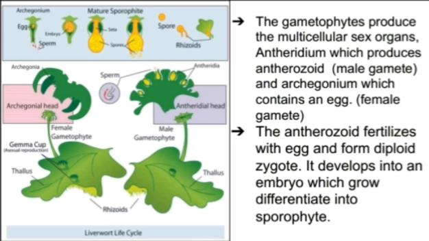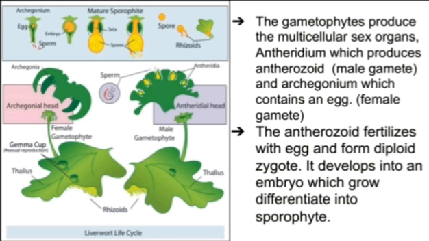The gametophyte produces the multicellular sex organs, the antheridium, which produces antherozoids, the male gametes, and the archegonium, which contains an egg, the female gamete. The antherozoid fertilizes the egg and forms a diploid zygote. It develops into an embryo which grows and differentiates into the sporophyte.